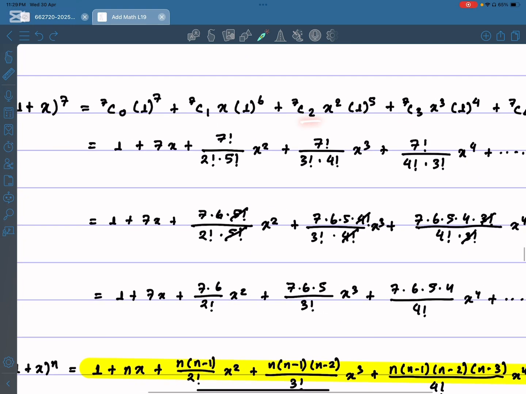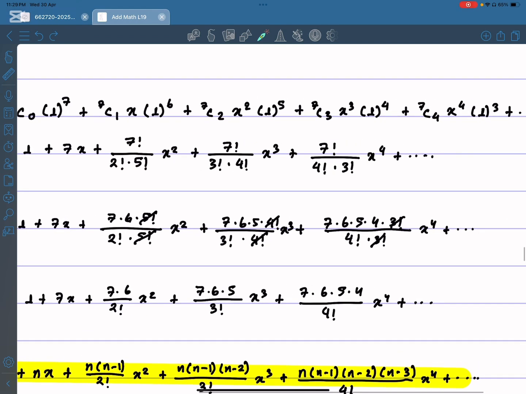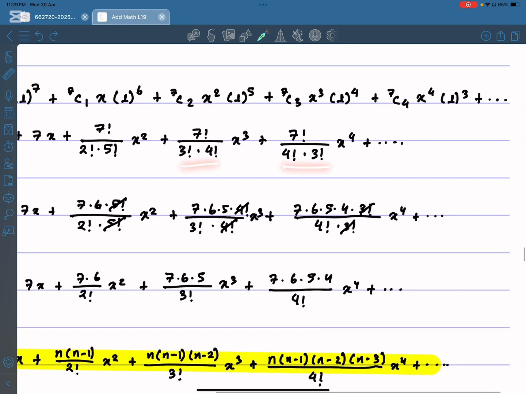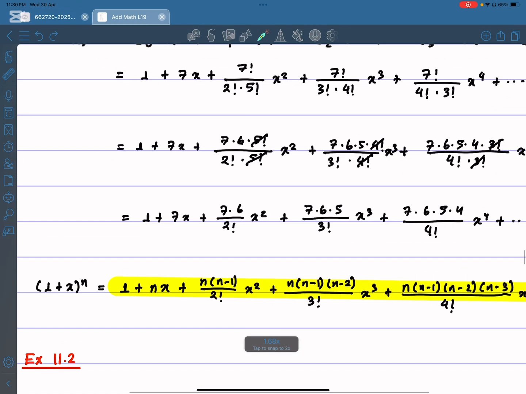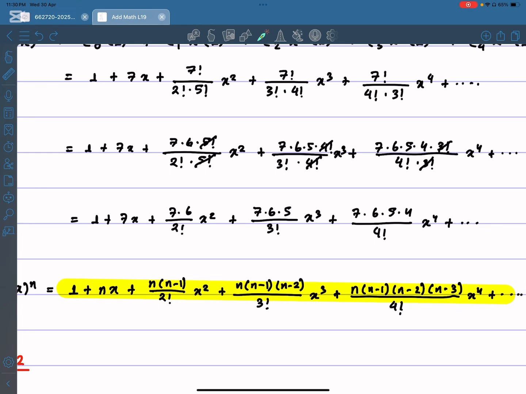And then 7 choose 2 is simply 7 factorial over 2 factorial into (7 minus 2) factorial. That is 7 factorial over 2 factorial into 5 factorial. We go on for the next two terms. Then we write out 7 factorial as 7 into 6 into 5 factorial, as we know that n factorial can be written as n into (n minus 1) into (n minus 2) factorial.